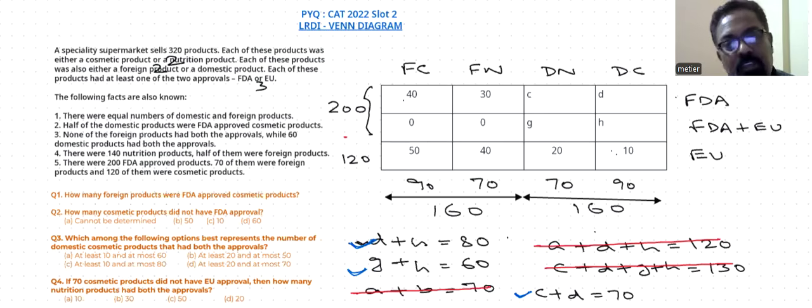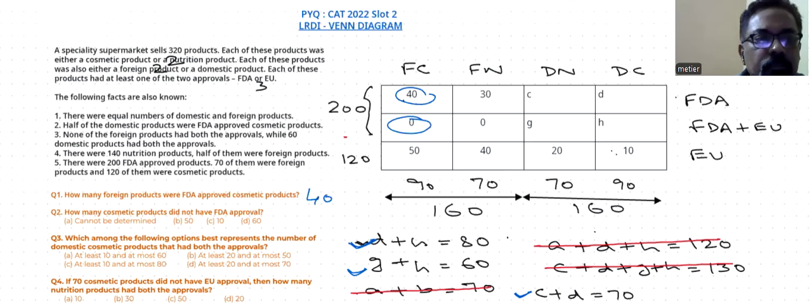First row, it is 40. Second row, it is 0. So this answer will come up to 40. Right? It is very much clear that this answer will be coming as 40. Done. Next.